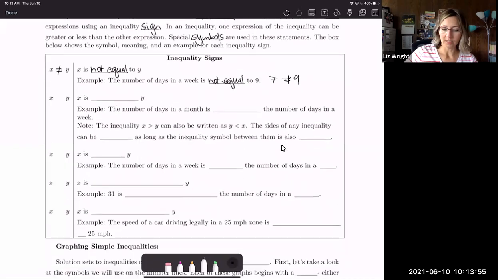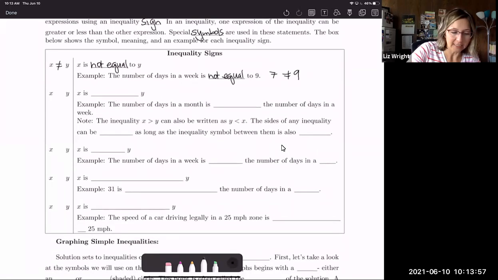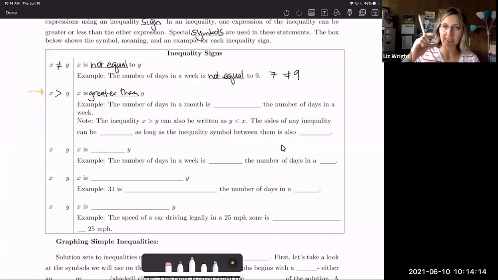The next inequality symbol we're going to talk about is x is greater than y. And again, don't forget, you can read that symbol from left to right. The larger piece of the inequality sign is opening up to the x.